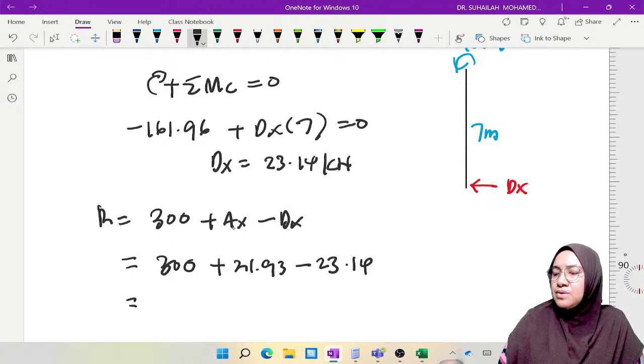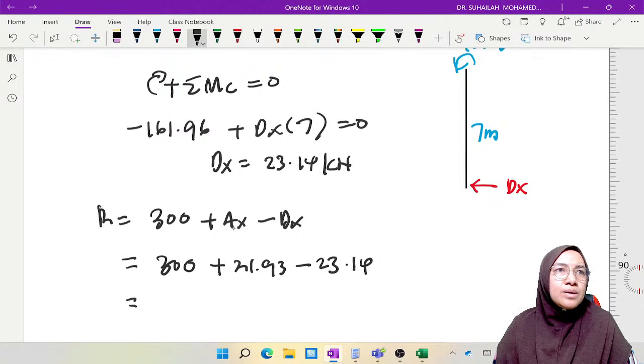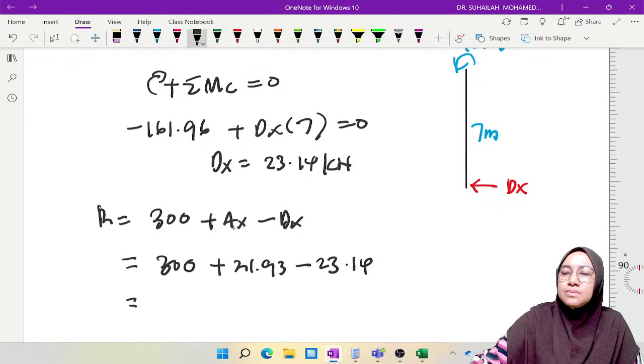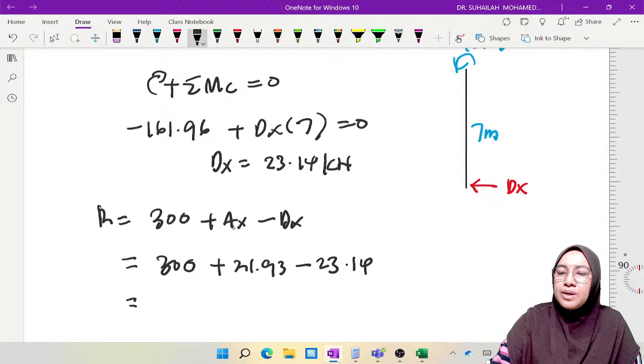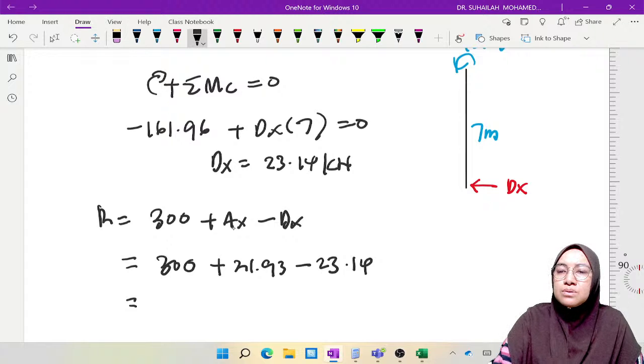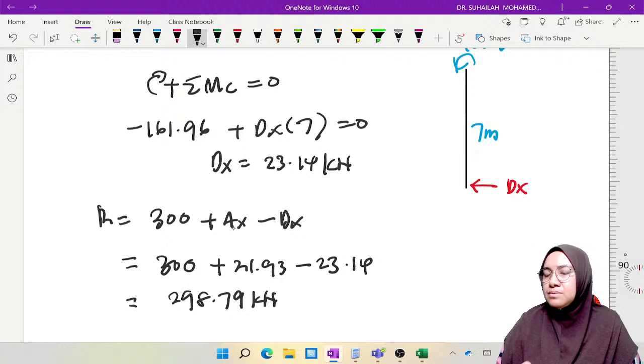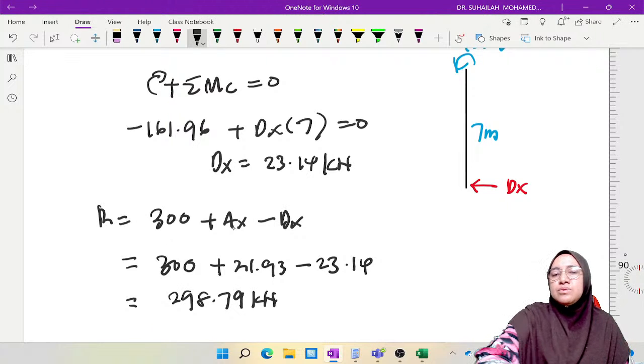So we get 300 plus 21.93 minus 23.14, which is 298.79 kilonewton.